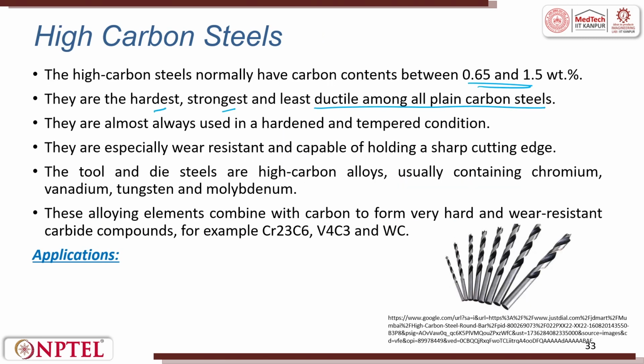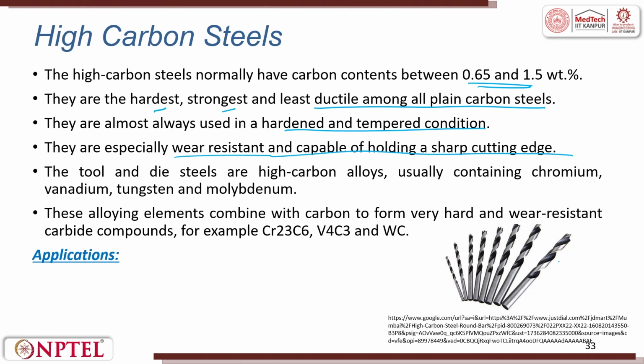So, if you want to make a very high strength material, a flat plate, then we always go for high carbon steel. Some of the drills are made out of high carbon steel. They are almost always used in a hardened and tempered condition. They are especially wear resistant and capable of holding a sharp cutting edge; the drill bit, tools, the chisel edge, all these things are made of it.